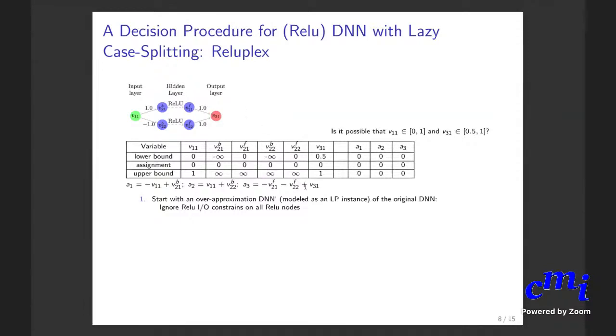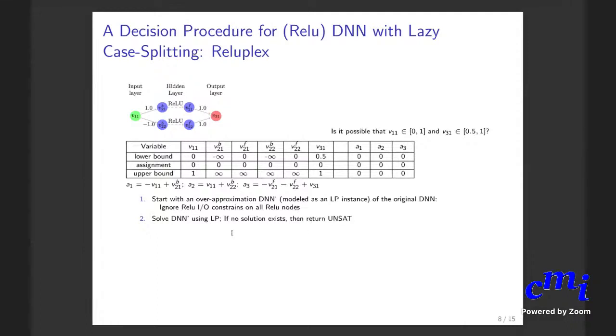So now, if you solve this, that is what we start with. That is an LP instance because you're throwing away all the ReLU constraints, which are the only source of nonlinearity.